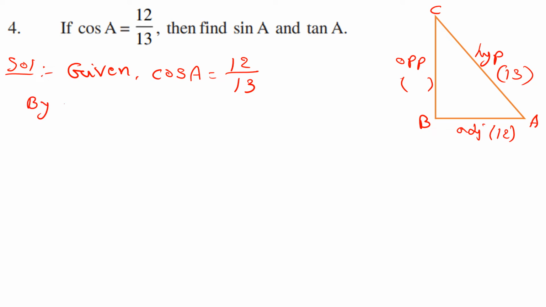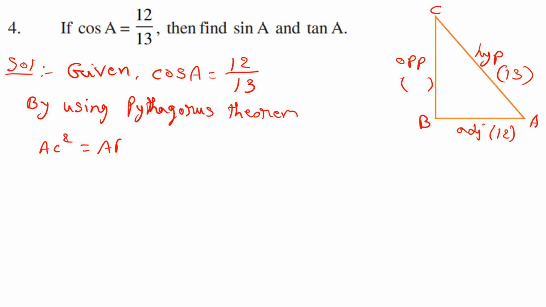By using the Pythagoras theorem, AC square equals AB square plus BC square. But we need to find BC, so BC equals root of AC square minus AB square.